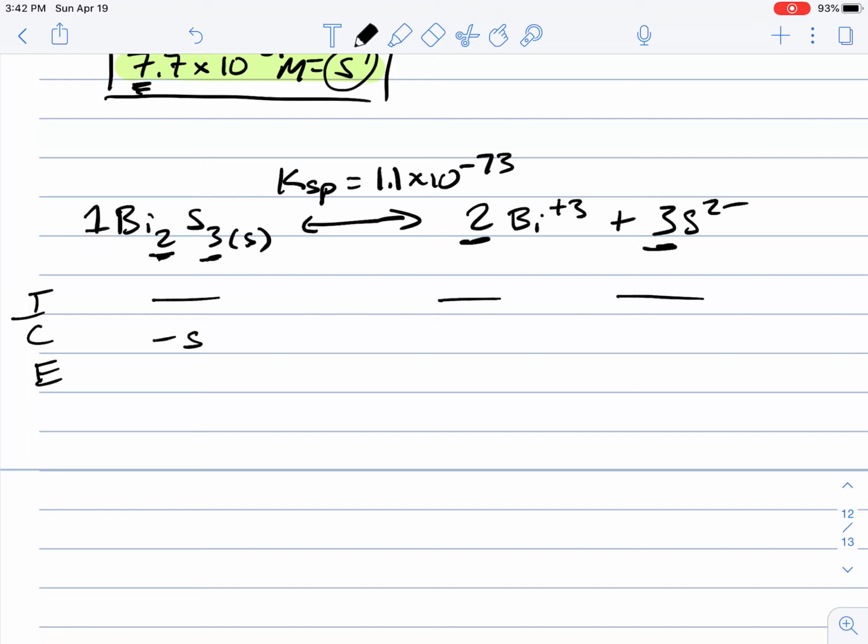So here we have 2 times S, and here we have 3 times S. So here the equilibrium concentration for bismuth is going to be 2 times the molar solubility of Bi2S3, and the equilibrium concentration of sulfide is 3 times the molar solubility.